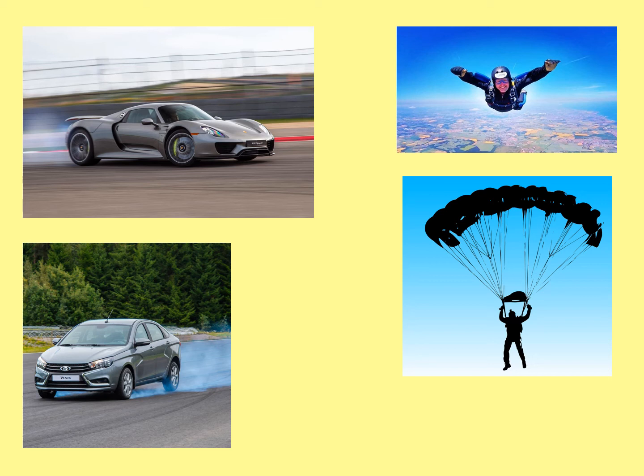It might be the weight of the skydiver falling to earth, accelerating towards earth. It might be the air resistance of the parachute causing the person to slow down and decelerate. If an object speeds up or slows down, then there is a force acting on it.